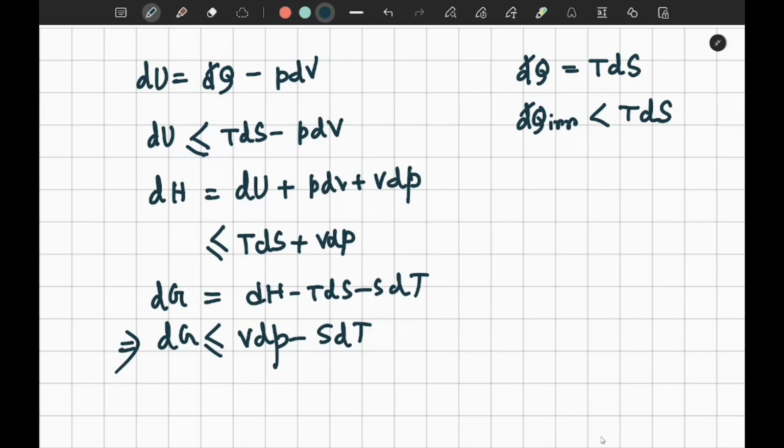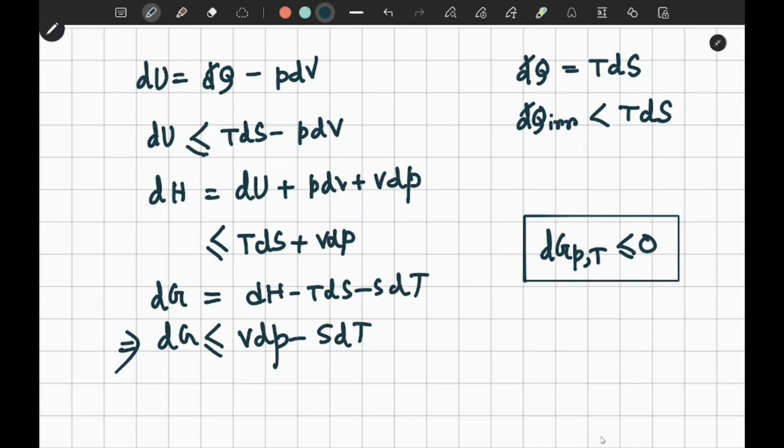If the state is changing from, let's say, A to B, then this is the case. So when it's a constant pressure and constant temperature process, dG must be less than or equal to 0. If it is equal to 0, that means it's an equilibrium process. If it is less than 0, it's an irreversible process, that means it's a spontaneous process.